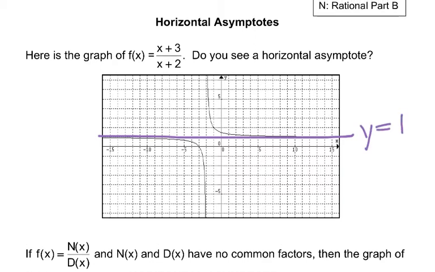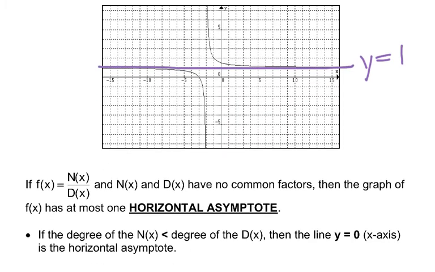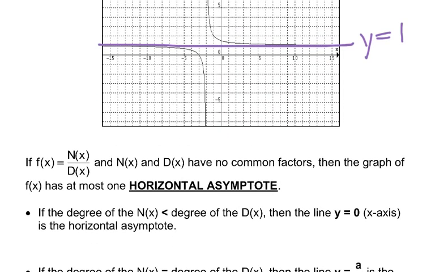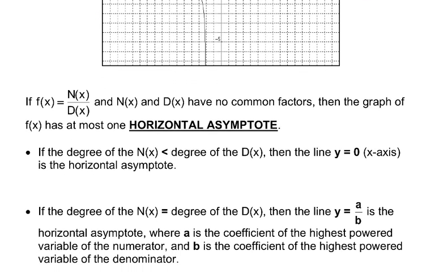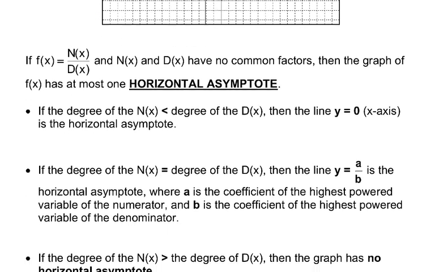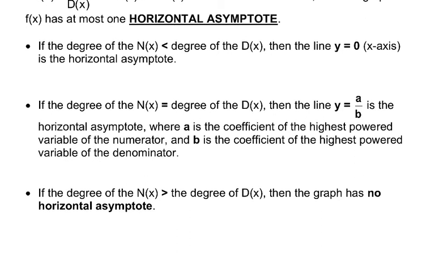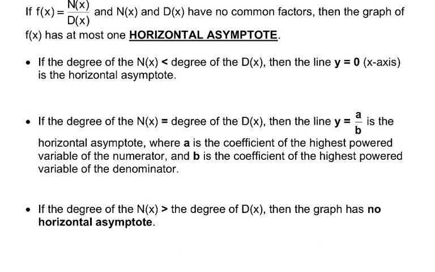All right. So to determine your horizontal asymptote, you have to look at the exponents, or the degrees, on your function. So the first type that can happen is our numerator can have a smaller degree than our denominator.